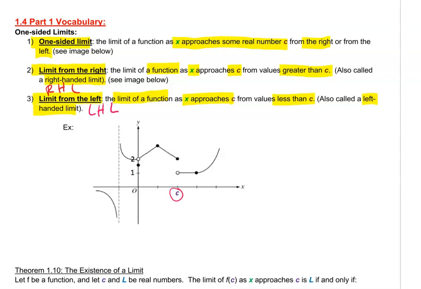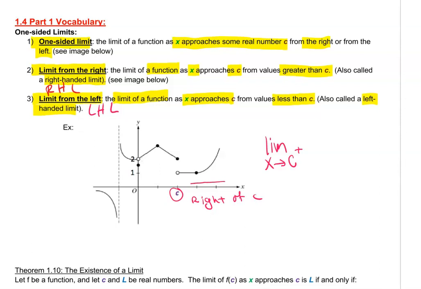So here's c, right? We have this notation: the limit as x approaches c, and then if we put a little plus sign as a superscript, that means we're only looking at values on the right of c, so greater than c.